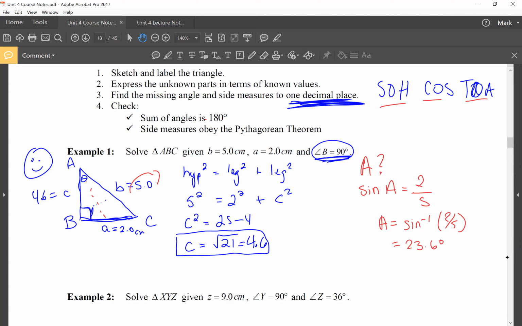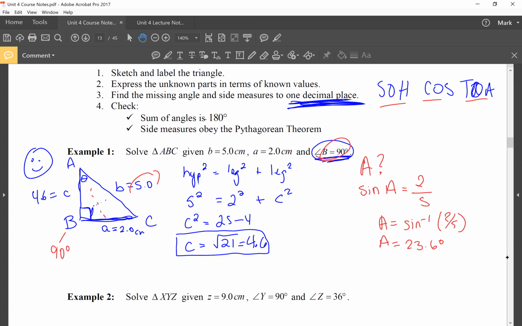All right, what about B? Well, for B, I can use sine again, really, if I want to. Or I could use, sorry, B is solved, not B. We know B. B is 90 degrees.